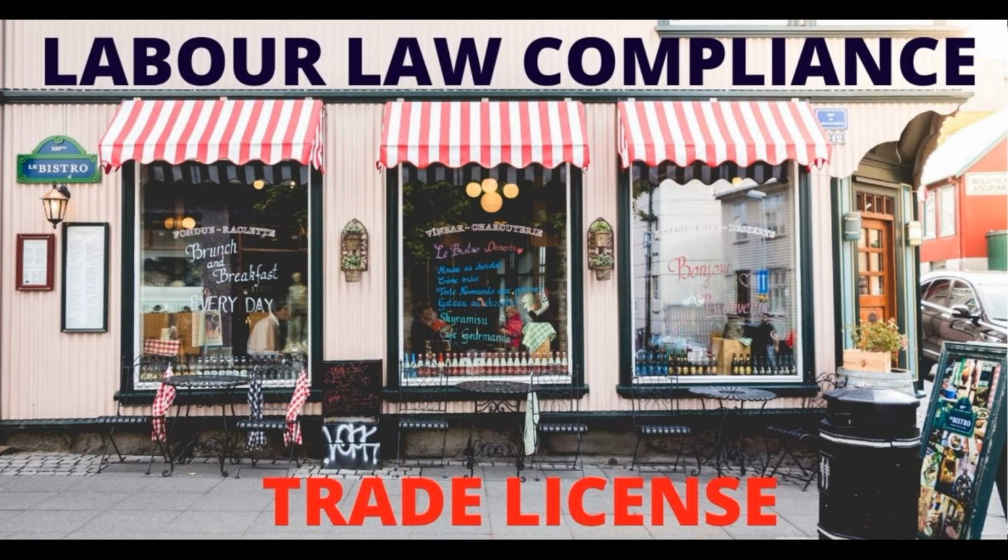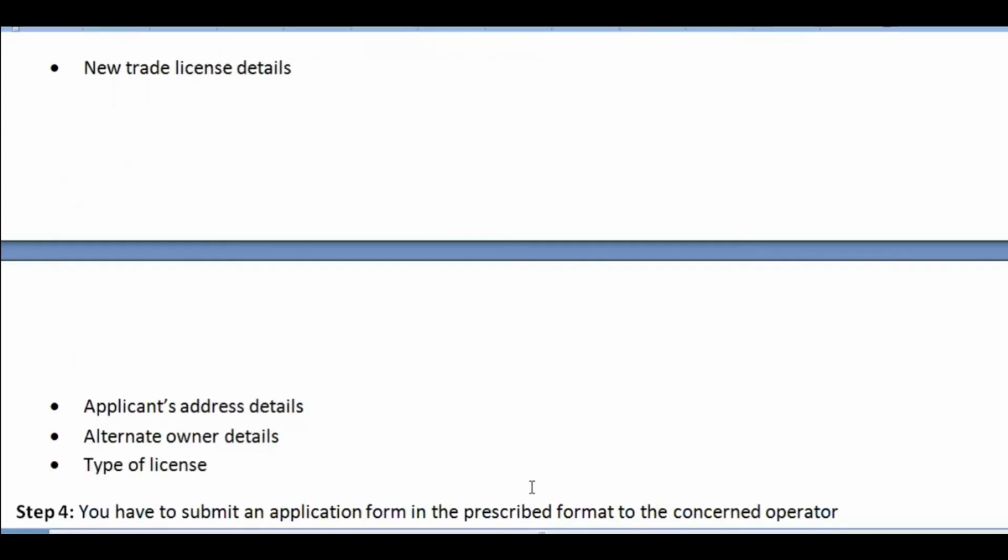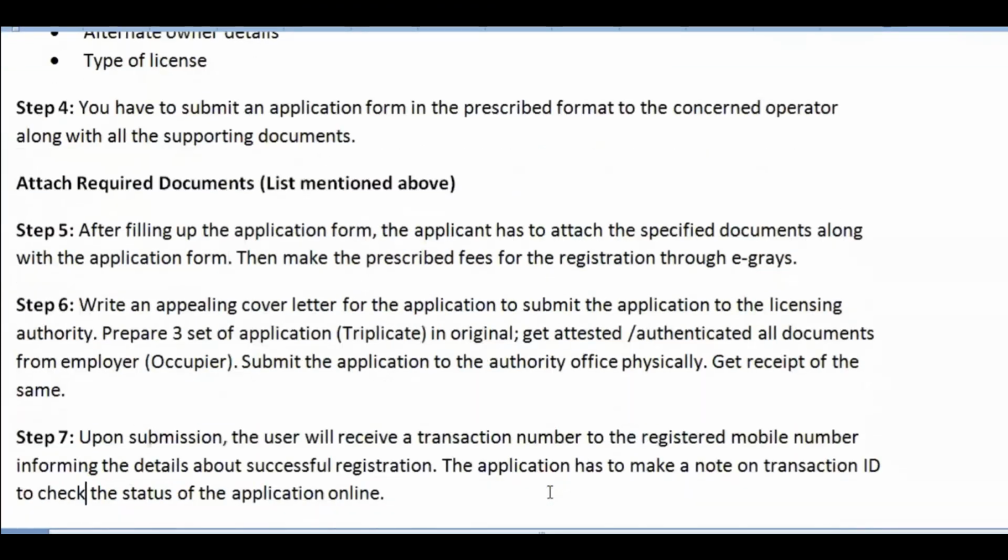Then the applicant has to make a request to the executive for applying for the trade license, and you need to submit the application form and fill in the right credentials in the form. Fill out the application form with appropriate details without any error, providing the given information in the application form: the new trade license details, applicant's address details and alternate owner details, then the type of license.